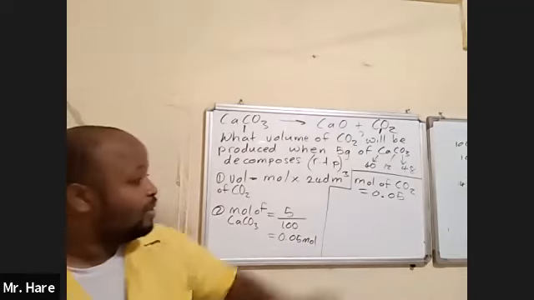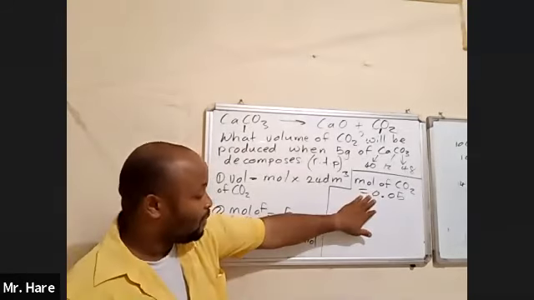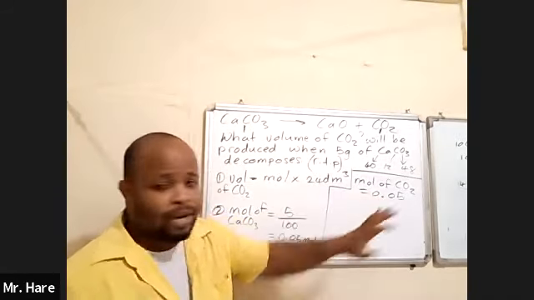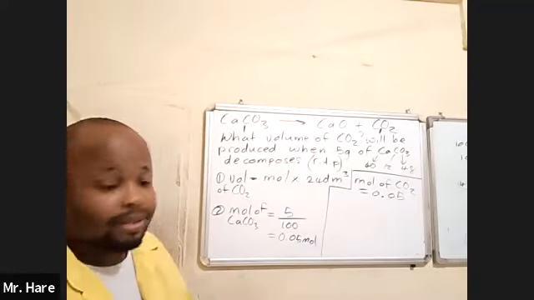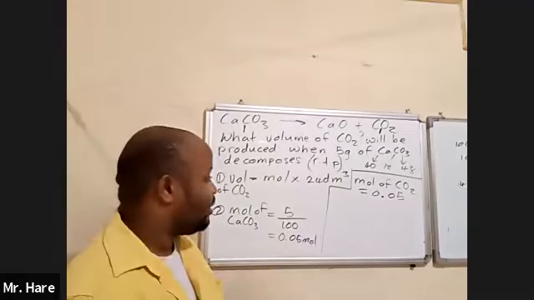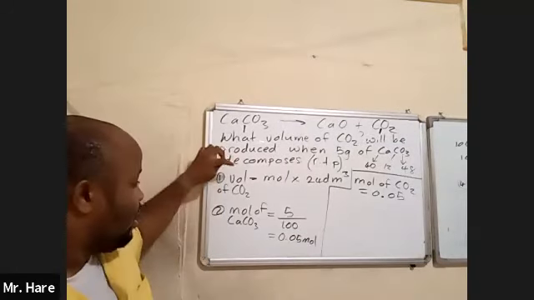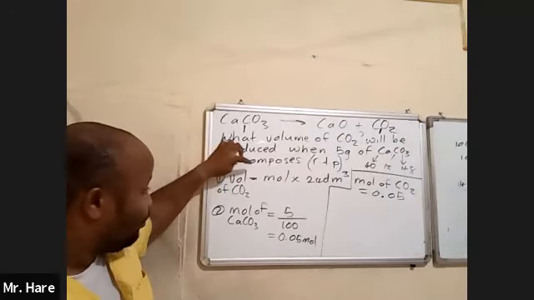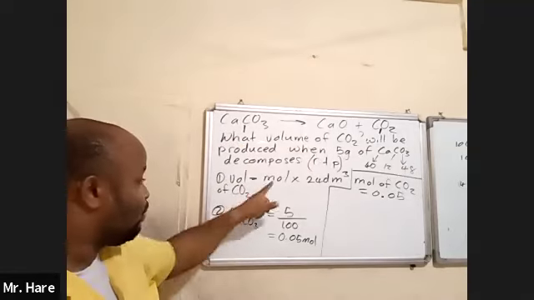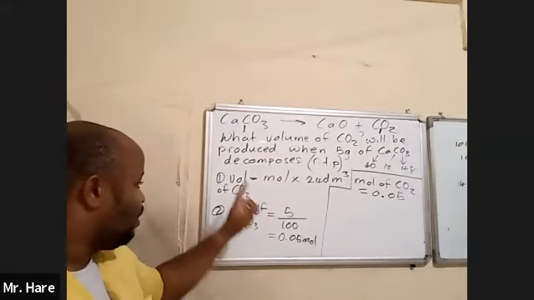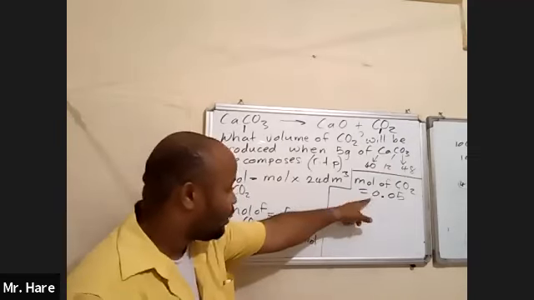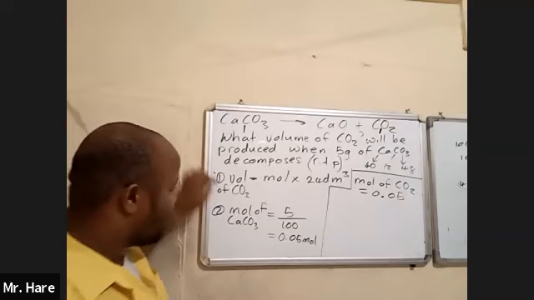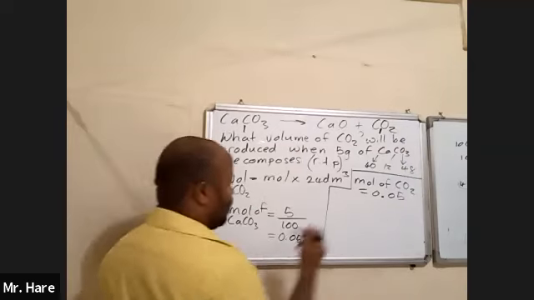So we see how we get the mole of CO2 to be 0.05, right? Remember, all along, all we needed to complete the calculation from step 1 was the mole of CO2. So now that we have the mole of CO2, we can complete step 1.